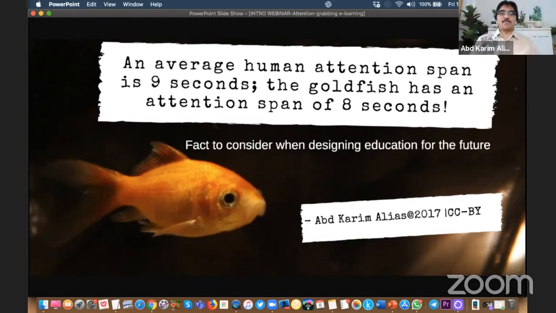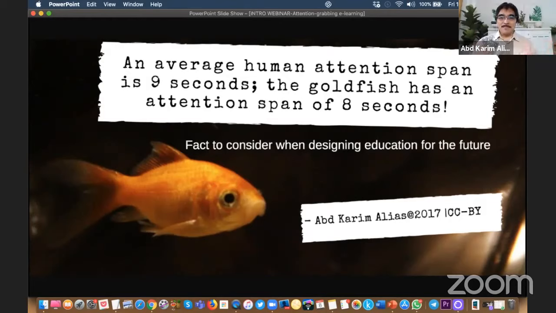Okay, let me put things into perspective. Why attention grabbing? Why is this the important thing that we have to keep in mind when we design our online course? Well, there was a big survey research done by Microsoft Canada a couple of years ago. And these are the main findings. An average human attention span is 9 seconds.